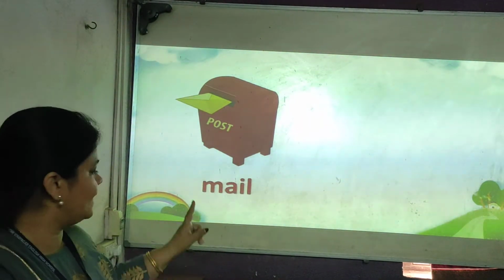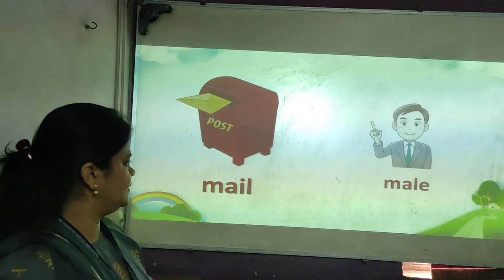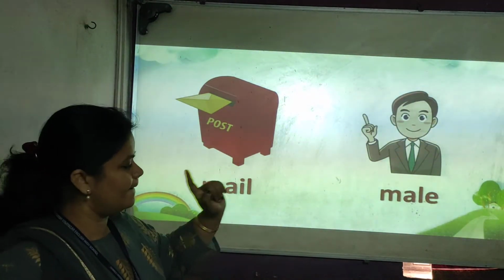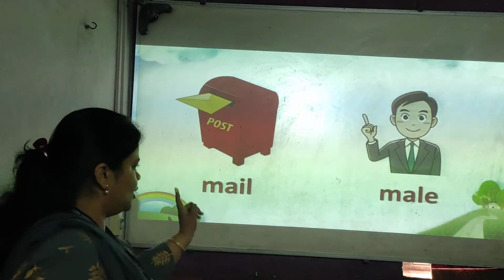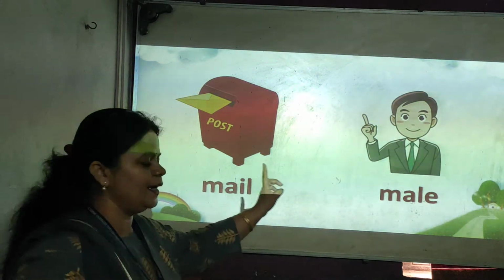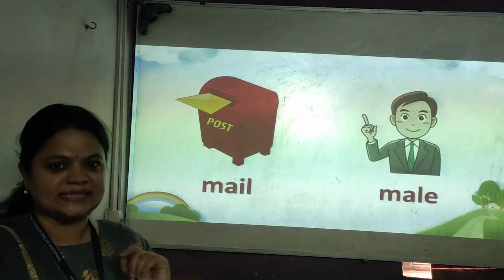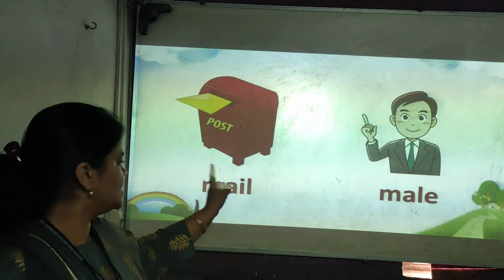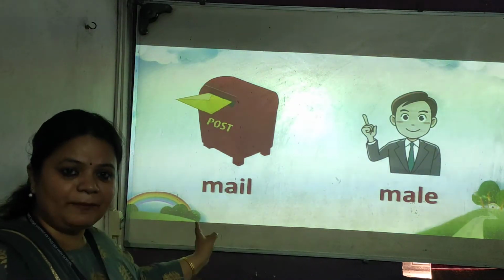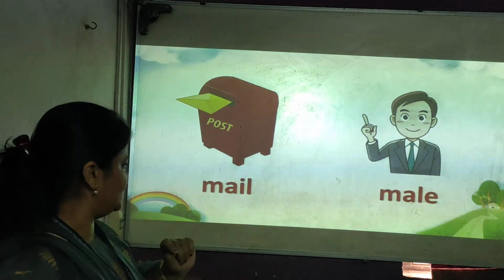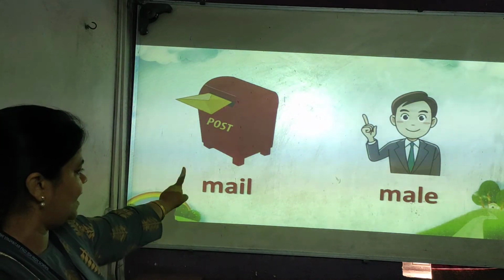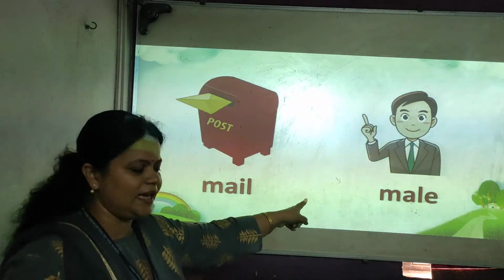Do you see the next one? What do you see here? Mail. And in the next picture, male. When I read both the words, mail and male, they sound the same, but both the words have different meanings and different spellings. In this one, mail, M-A-I-L, and in that one, male, M-A-L-E.